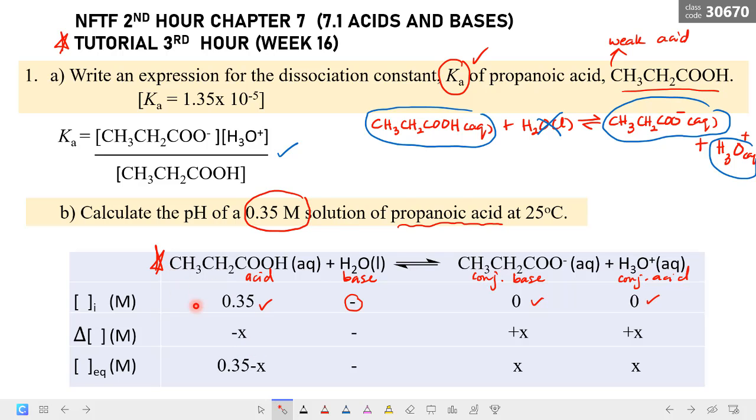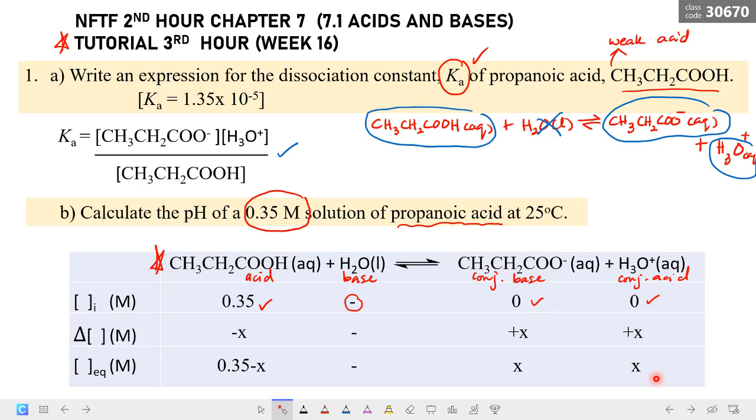Sebab kat sini 1 mol. And for water, we ignore the change in concentration. Same goes to the conjugate base, the propanoate ion, plus X. Yang ni saya tak perlu terangkan lagi sebab kita dah belajar dalam chapter 6. At equilibrium, the concentration of propanoic acid is 0.35 minus X, and the concentrations of the conjugate base and hydronium ion are X and X.